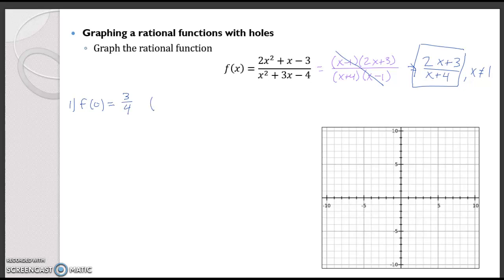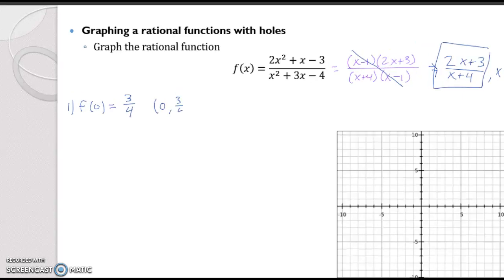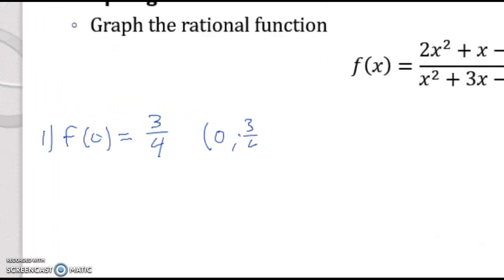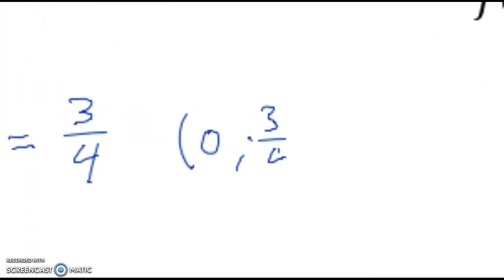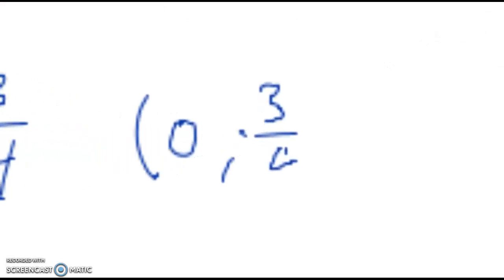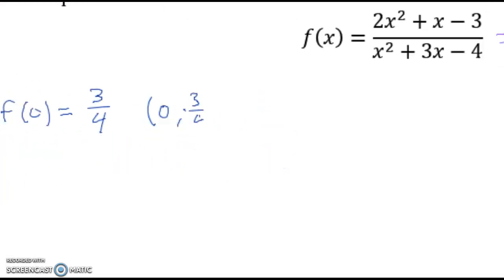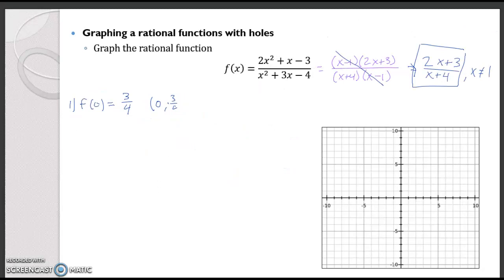So I have a point at x is 0 and y is 3/4. And it's not negative, so (0, positive 3/4) is about right here.